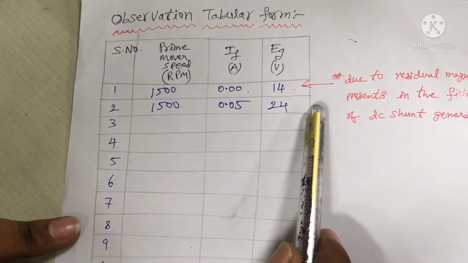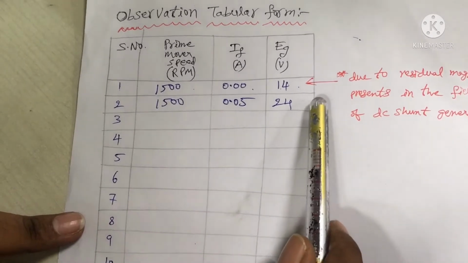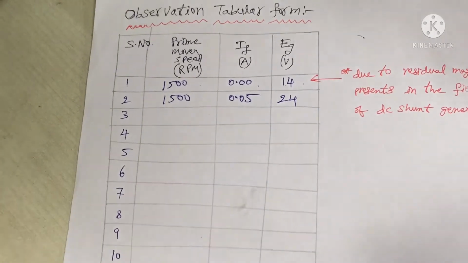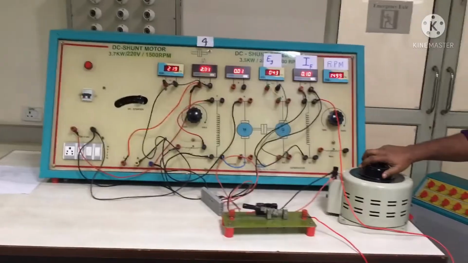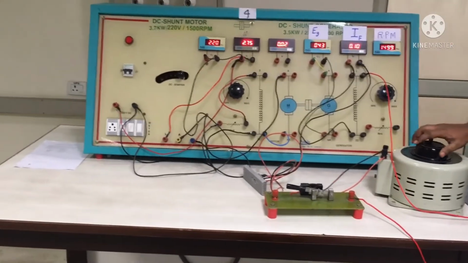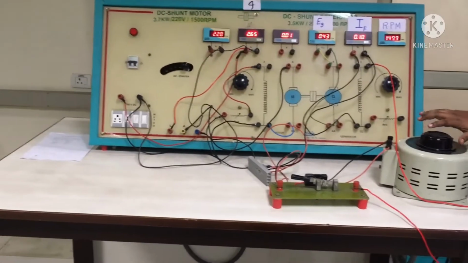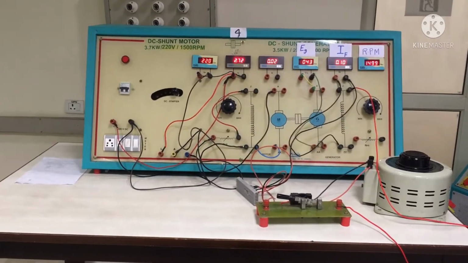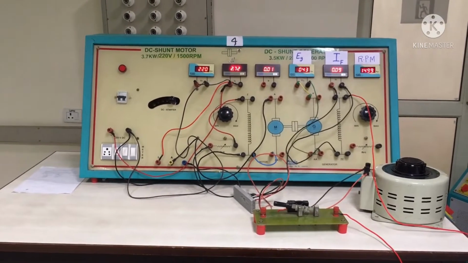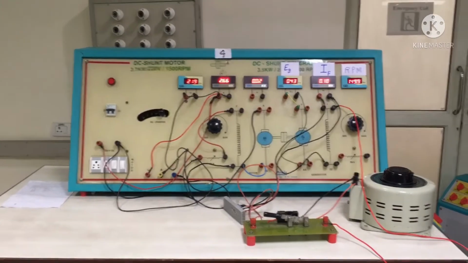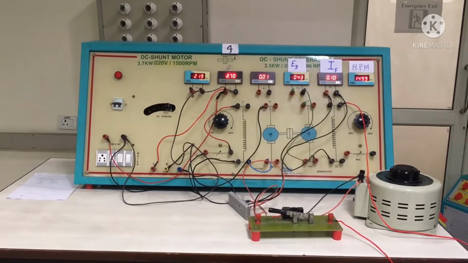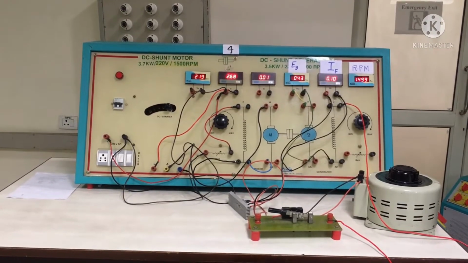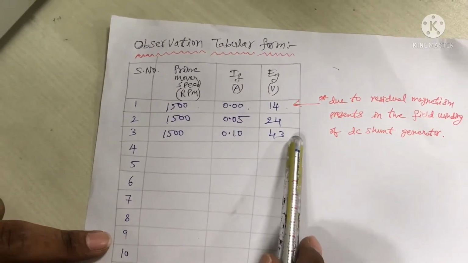Again, we are going to increase the field current by adjusting the auto transformer output. We have noted down the values.